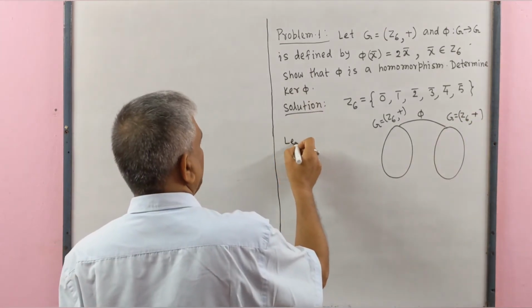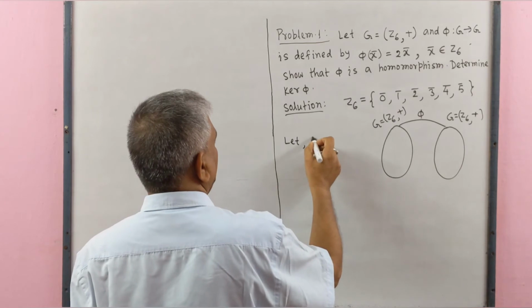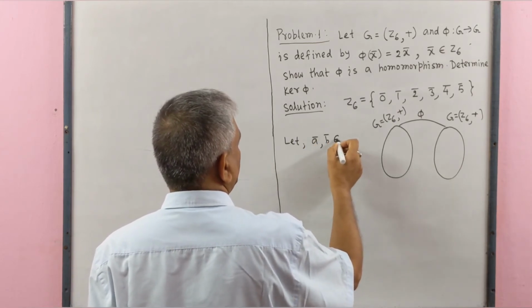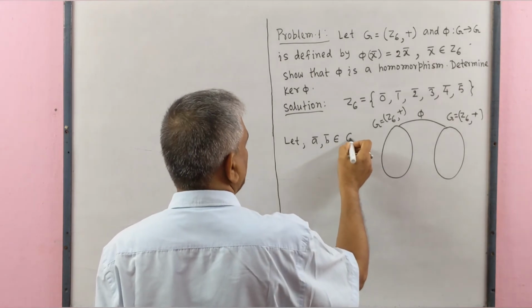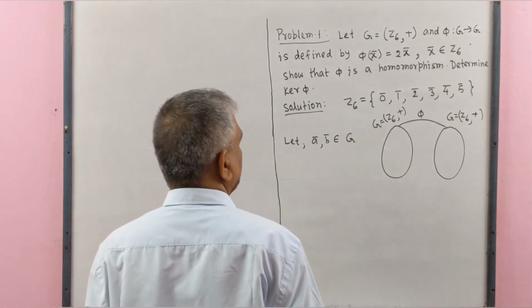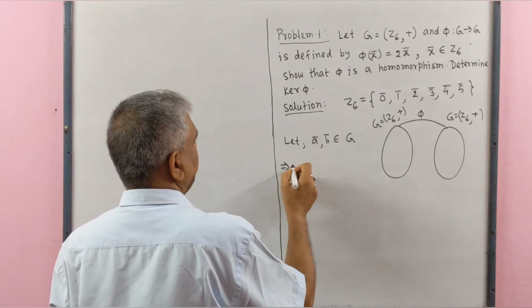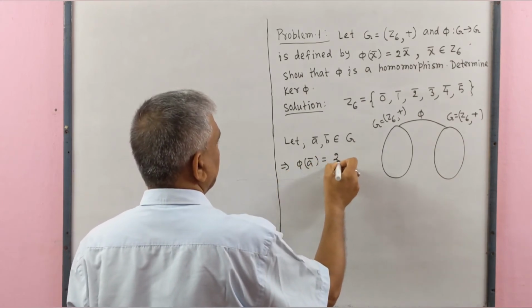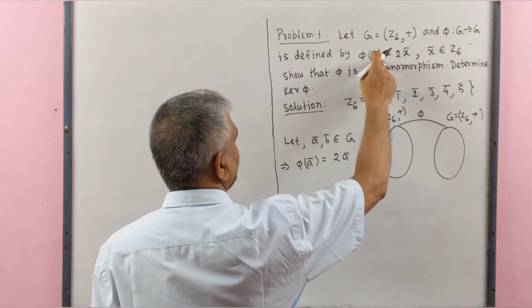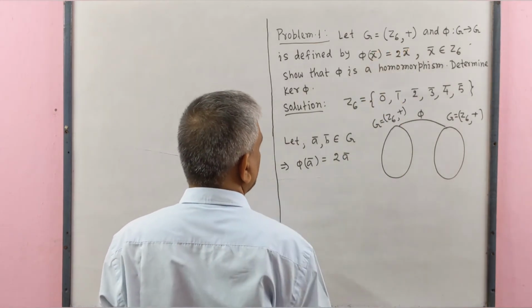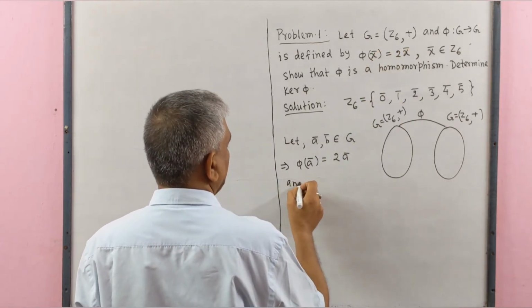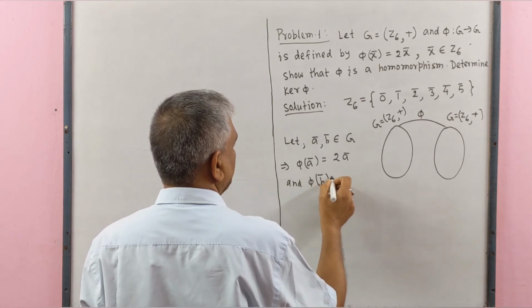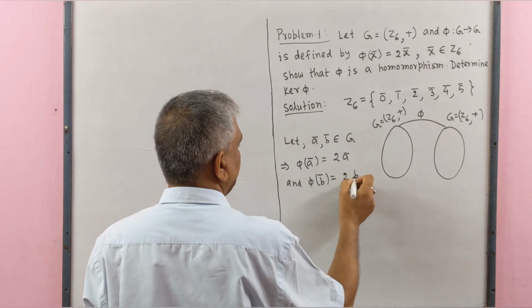Let A bar, B bar belong to G, which implies that phi A bar equals 2A bar, since phi x bar equals 2x bar, and phi B bar equals 2B bar.